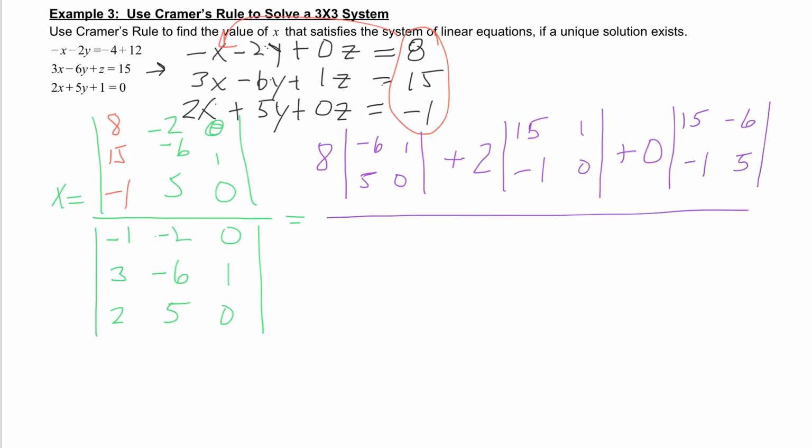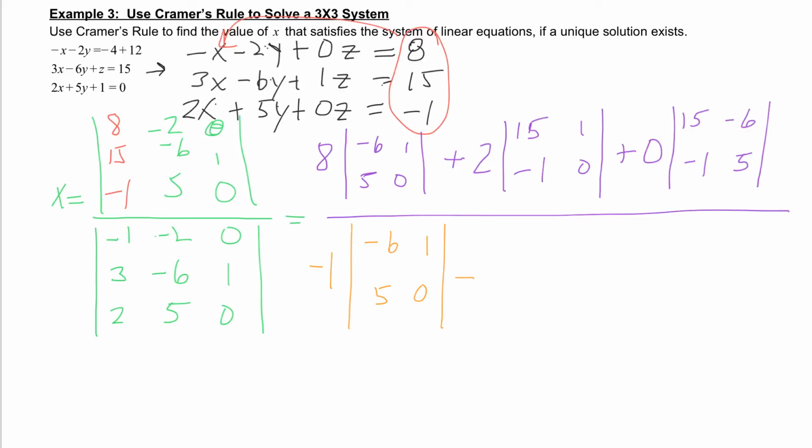Then if I take a look at my denominator, I'm going to start with my negative 1 in front, and that's going to be multiplied by the determinant. Now remember, I'm taking this out here, so my determinant that's left is this part right here. So I have negative 6, 1, 5, and 0.